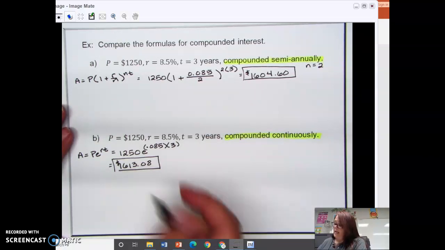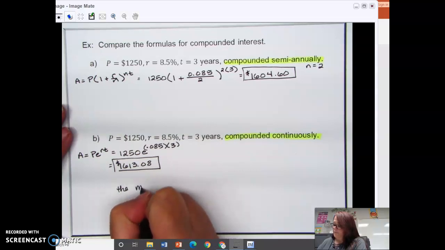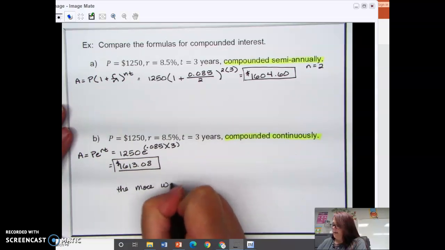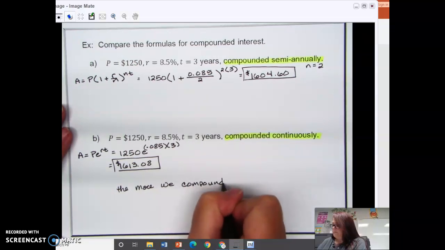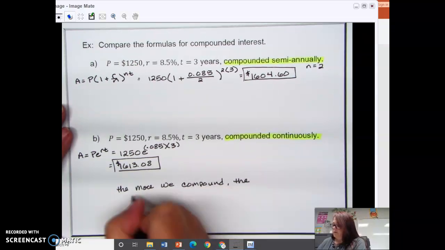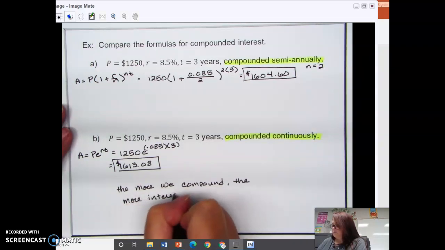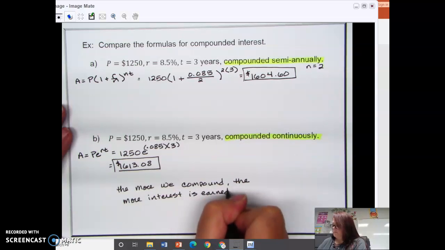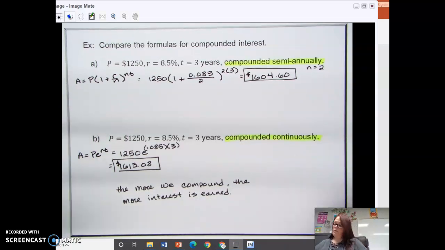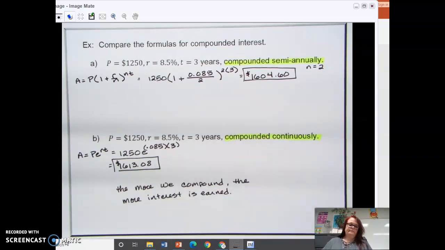And so we would say that the more we compound, the more interest is earned, whether I'm compounding twice a year or continuously.